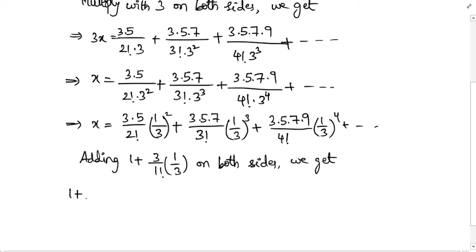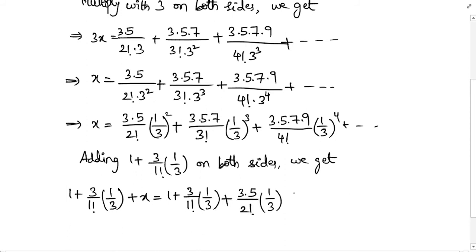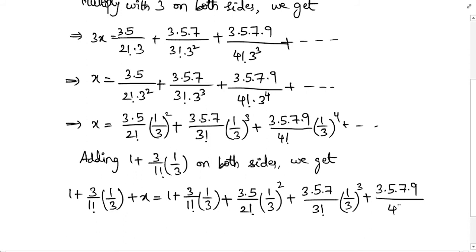We get 1 plus 3 by 1 factorial into 1 by 3 plus x is equal to 1 plus 3 by 1 factorial into 1 by 3 plus our series continued here: 3 into 5 divided by 2 factorial into (1/3) whole square plus 3 into 5 into 7 divided by 3 factorial into (1/3) whole cube plus 3 into 5 into 7 into 9 divided by 4 factorial into (1/3) whole power 4 plus so on up to infinity.